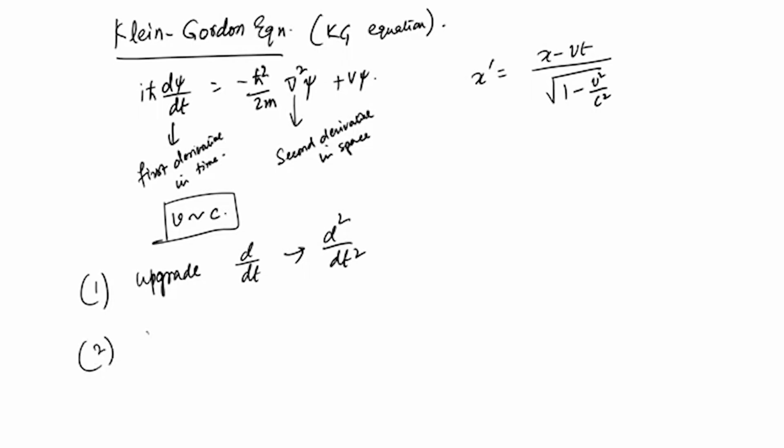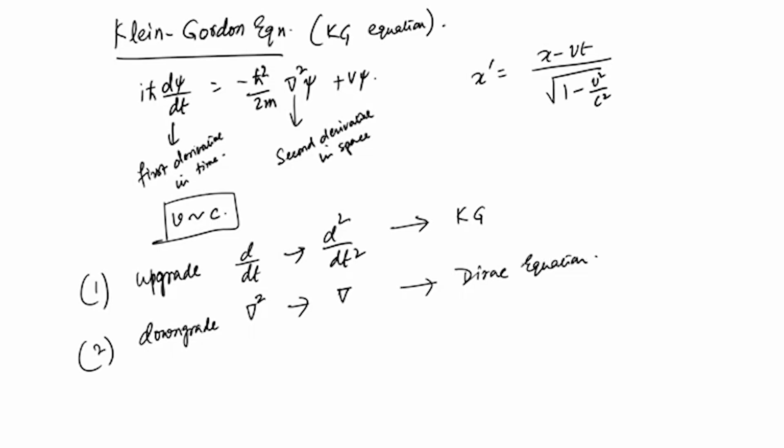Or the second option is that you downgrade your del square to just simply a del. Okay. So not the Laplacian, but the first derivative with respect to space. When you do the first, it is called the Klein-Gordon equation, and when you do the second, it is called the Dirac equation, and we will see them separately for each of the cases.